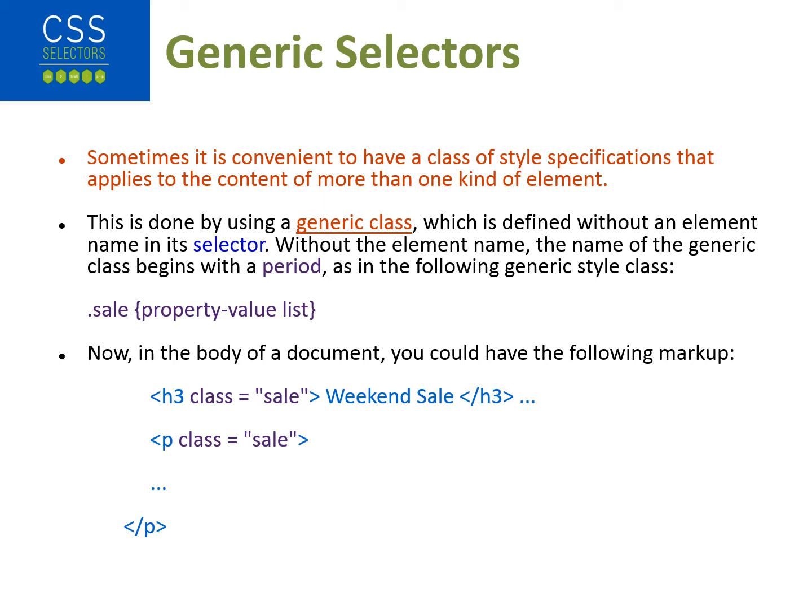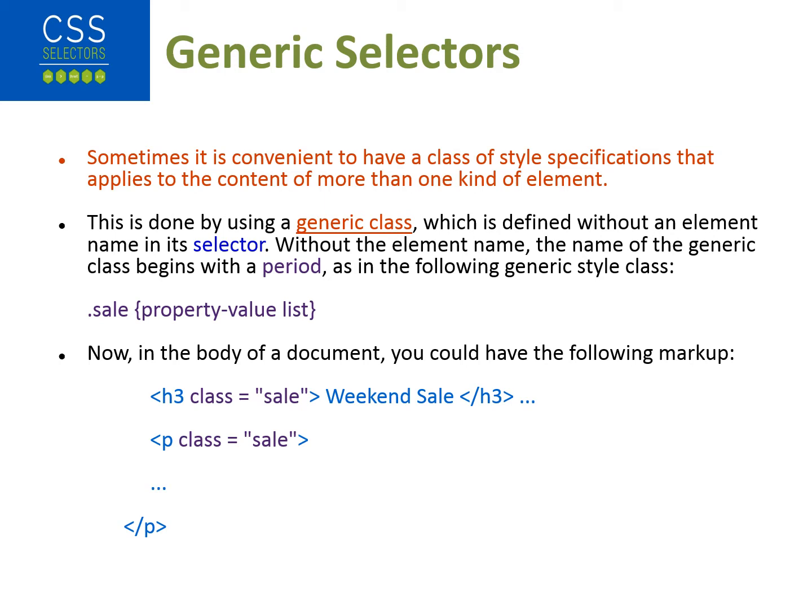So generic selectors should be easy if we have a class of style specification that can be used for more than one kind of tag. This can be done by the generic class, which is defined without a tag name in its selector.